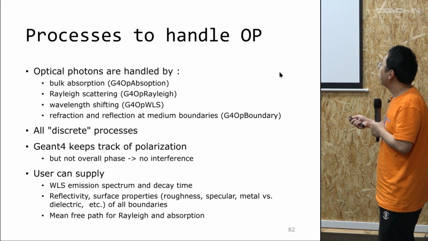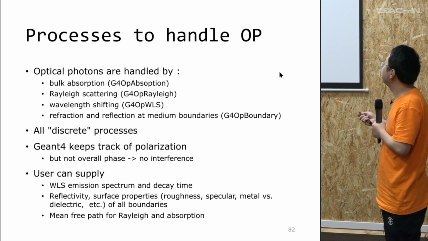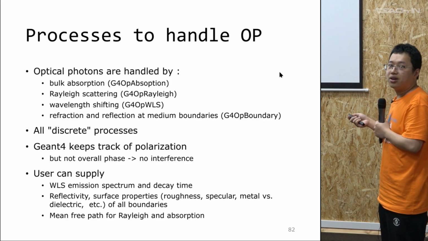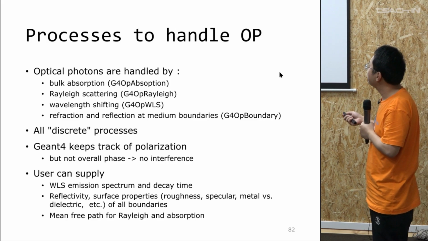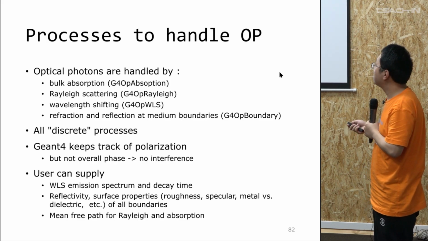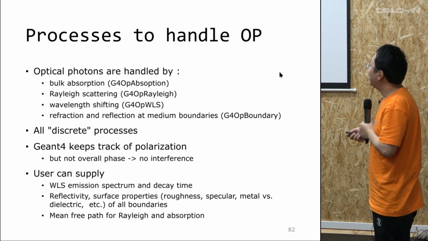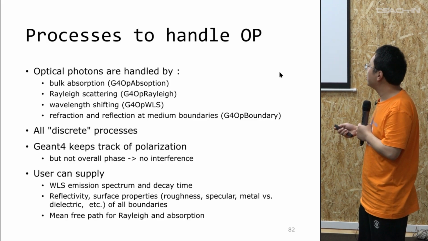We also have refraction and reflection at the medium boundary. I think this is a very interesting process. All these processes are implemented in Geant4 as discrete processes, and Geant4 will also keep track of the polarization.